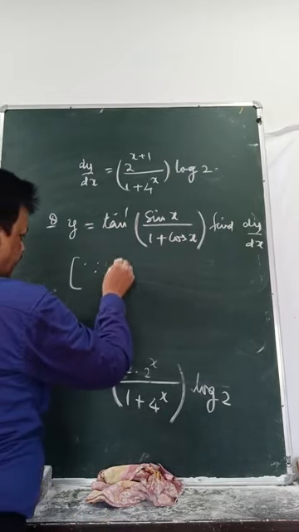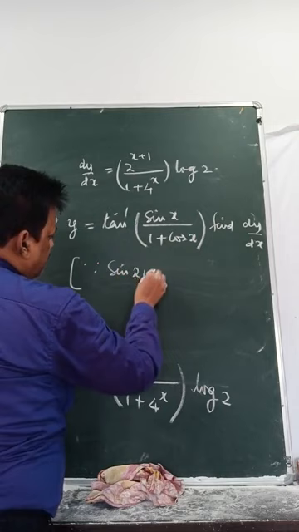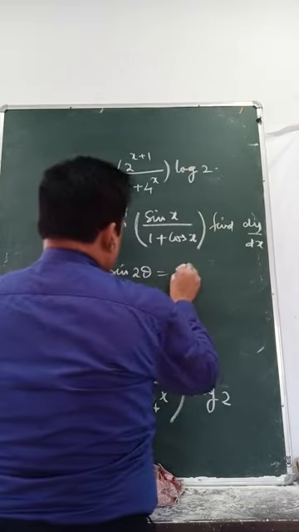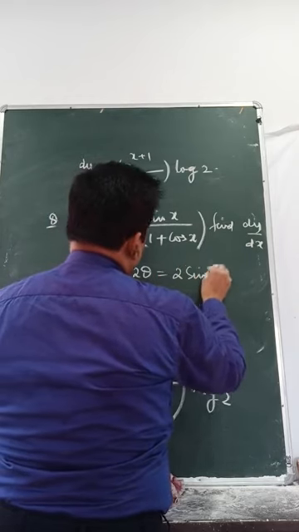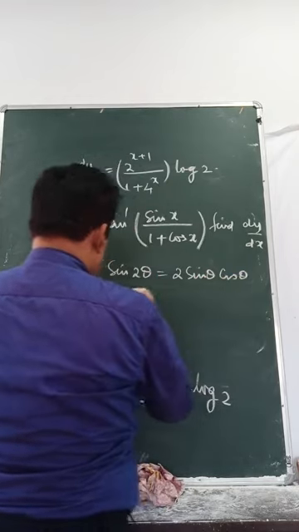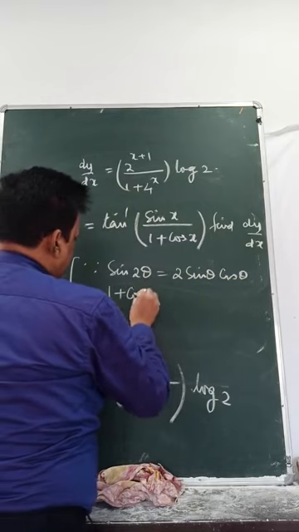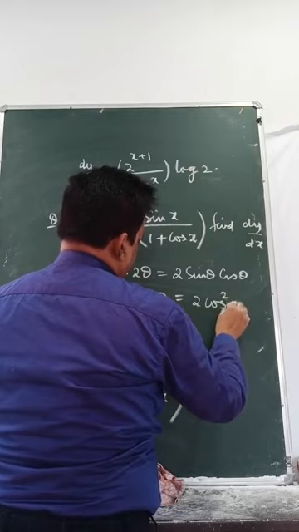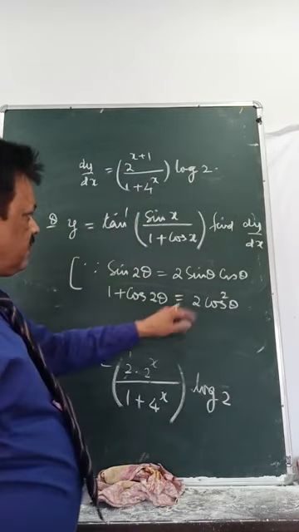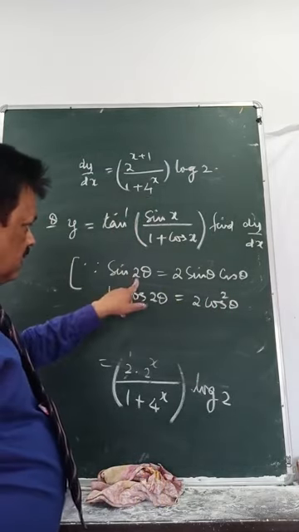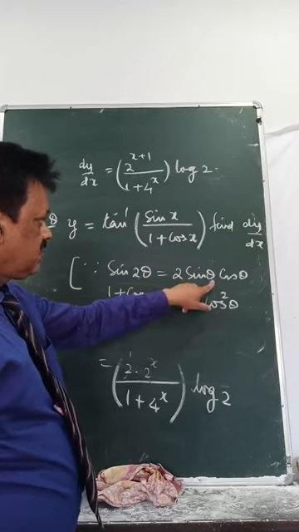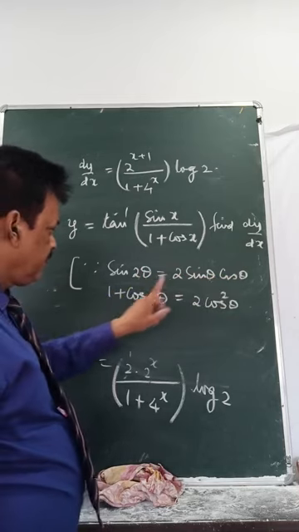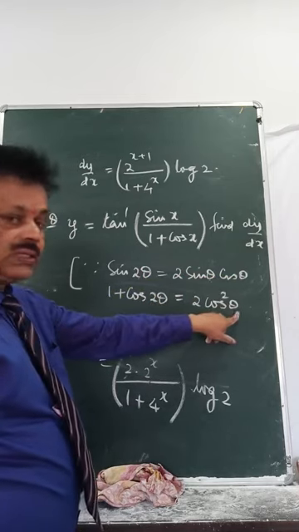Since sin 2 theta is 2 sin theta cos theta, and 1 plus cos 2 theta is 2 cos square theta. Reference, look at here: half angle formula, 2 theta becomes theta. So 2 theta becomes 2 sin theta cos theta, and 2 theta becomes 2 cos square theta, half angle.